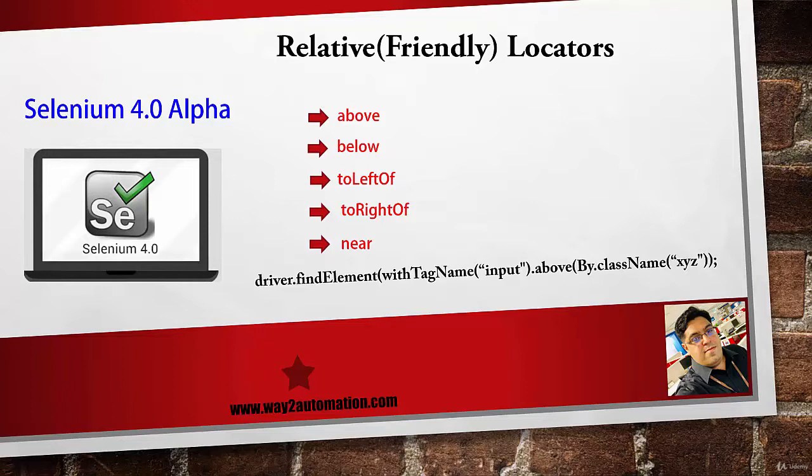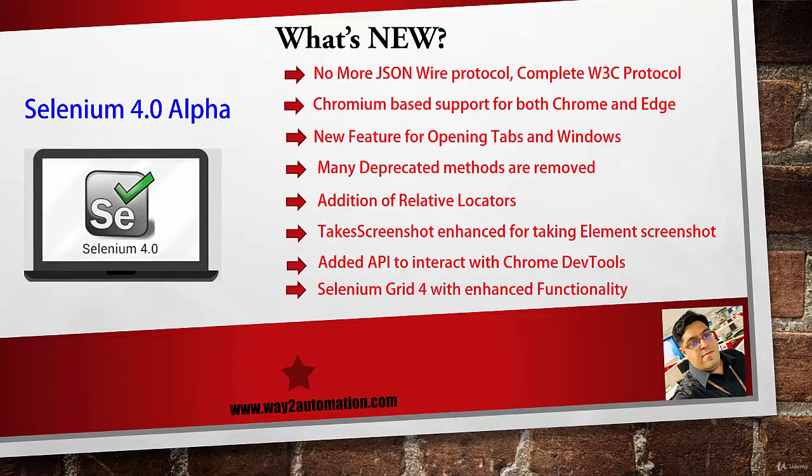I'm gonna record a video where I'll be practically showing how we can work with the relative locators using the latest Selenium 4. Right. So then, take screenshot. This interface has been enhanced to now capture an element screenshot as well.